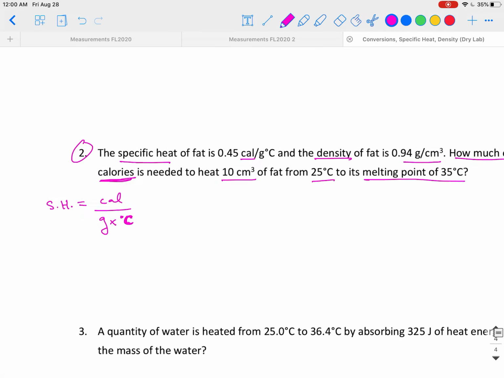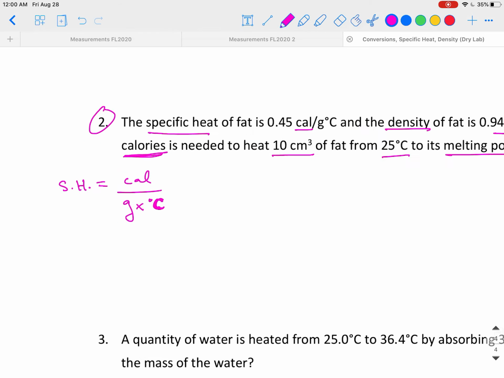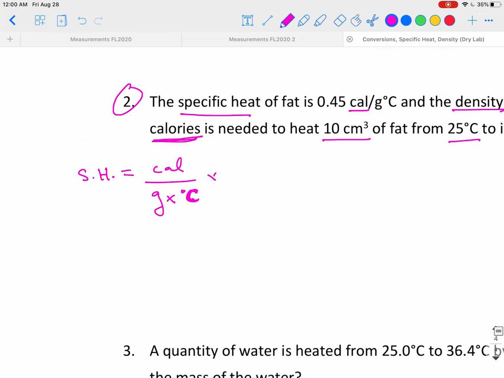Just the way I did in lecture today, we're going to rearrange this equation and get calories by itself. So to do that, I'm going to multiply both sides of the equation by gram times change in temperature. Over here, same thing, gram times change in temperature, and these cancel on this side of the equation.